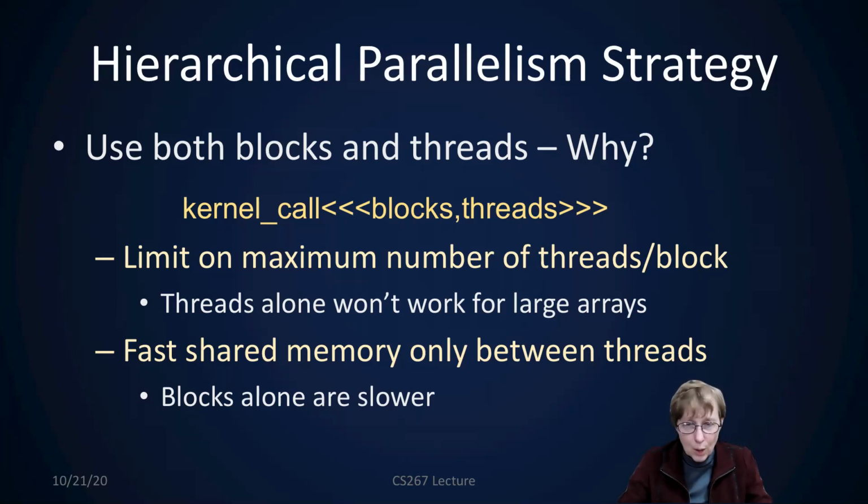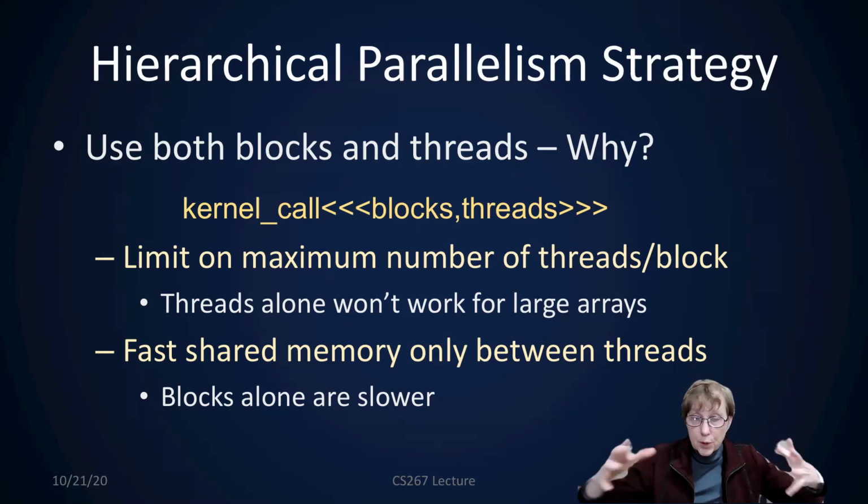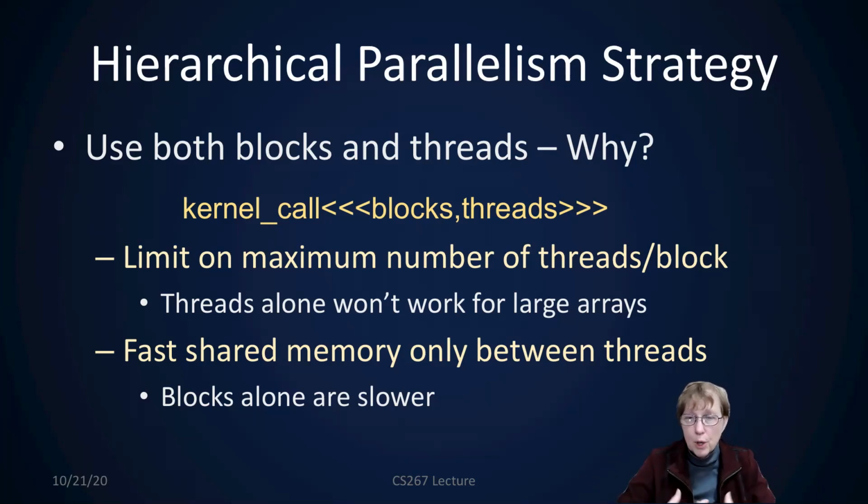And by the way, this is all related to the fact that you've got some very expensive memory that they're sharing. You can't make that too big, or you can't make it very fast. All those kinds of things are driving some of these seemingly arbitrary limits. And so you're going to have two levels of parallelism, and hopefully share things more frequently with the processors within the thread block, and less frequently with the things between different thread blocks.